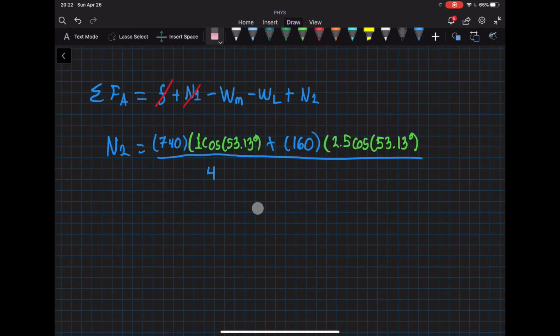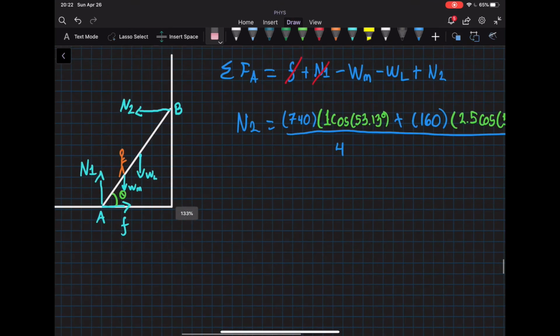We get this formula, and one of the things I did right here was multiply the distance times the cosine of this angle, because we want to find the distance in the vertical direction.